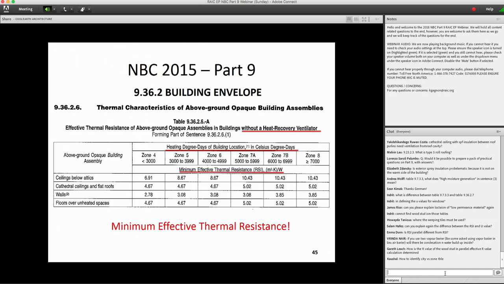Are OSB taped seams permitted by code for use as a vapor barrier? It is, and I'll explain why. That's a great question. For a vapor barrier, you have to have a material that has a permeance below 60 nanograms.